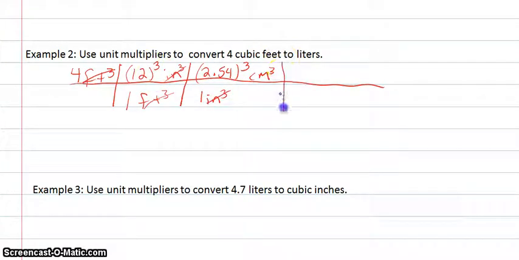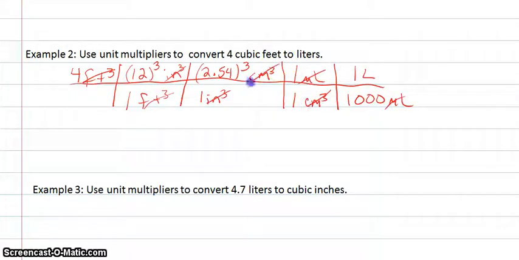Now we go to the milliliters. So 1 centimeter cubed is 1 milliliter. And then we're going to liters. So there are 1,000 milliliters in 1 liter.